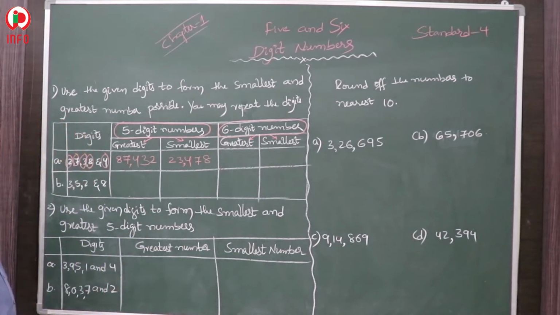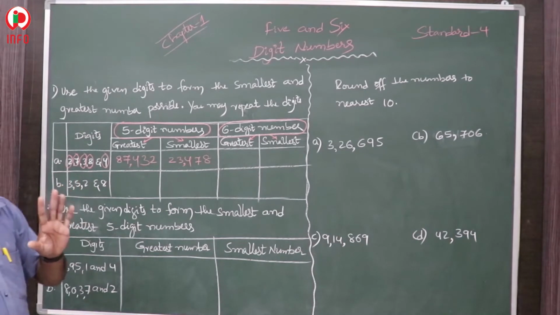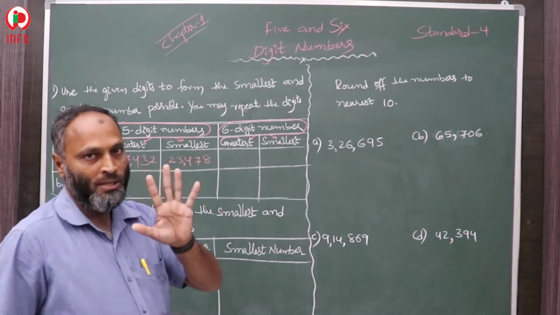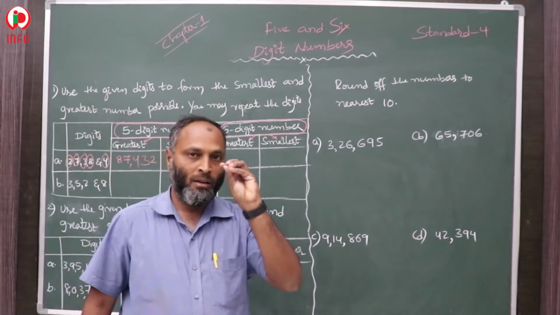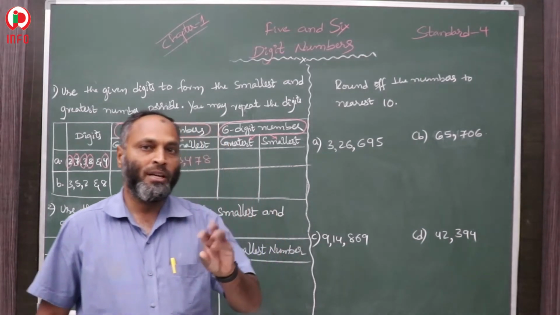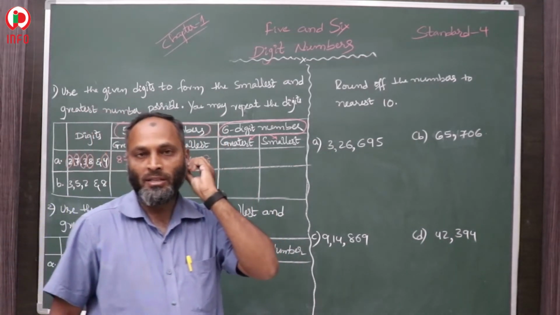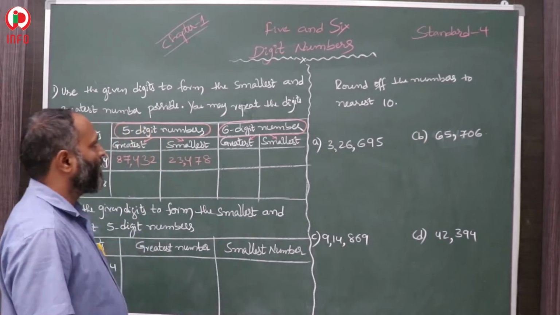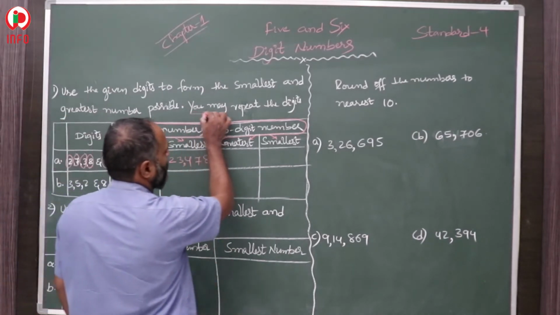But for the 6-digit number, we have only 5 digits. Using these 5 digits, we make the 6-digit greatest value and 6-digit smallest value. For that, it is given that you may repeat.